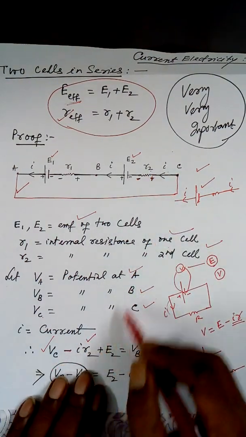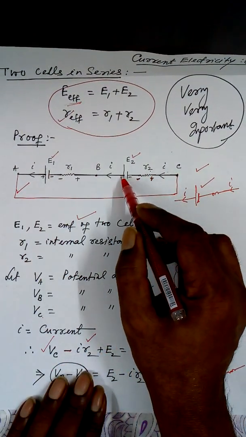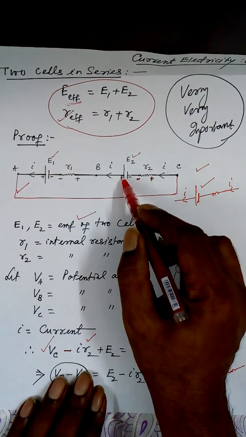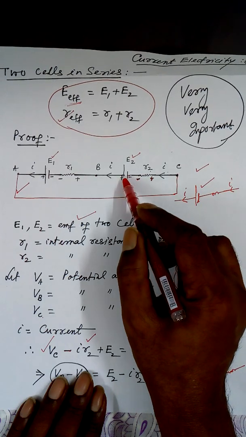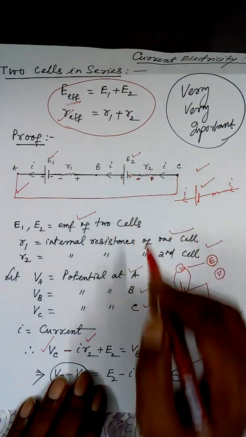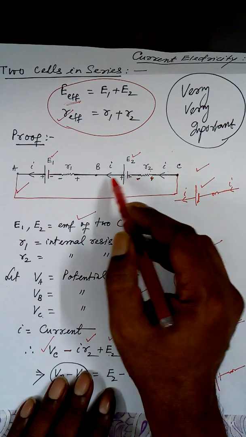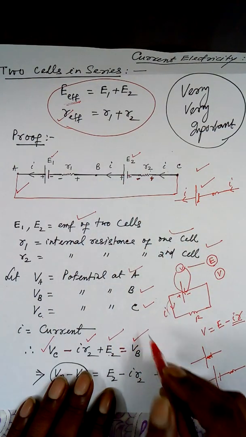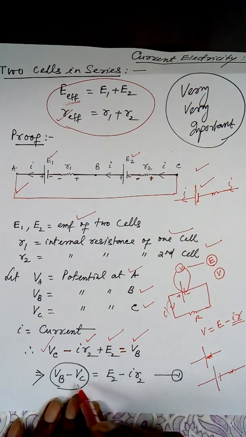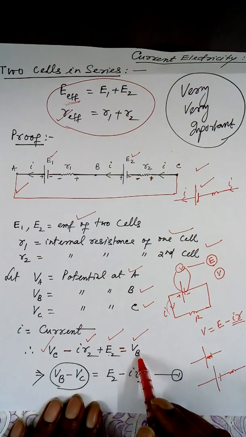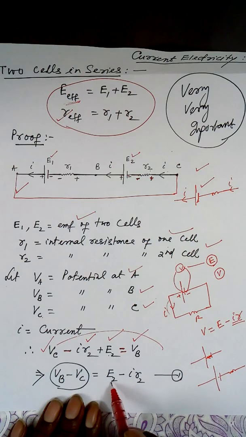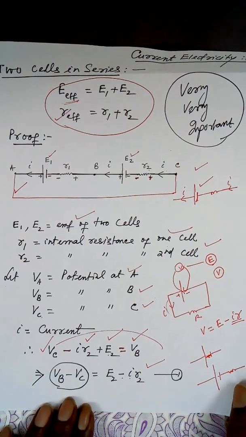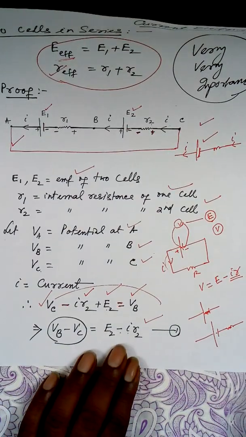Then going from here to here, I am coming from negative to positive, so there is a rise, so plus E2. Then I arrive here at B, equal to the potential at B. So if you change sides, VB minus VC, VC comes to this side, I am left with E2 minus I R2.